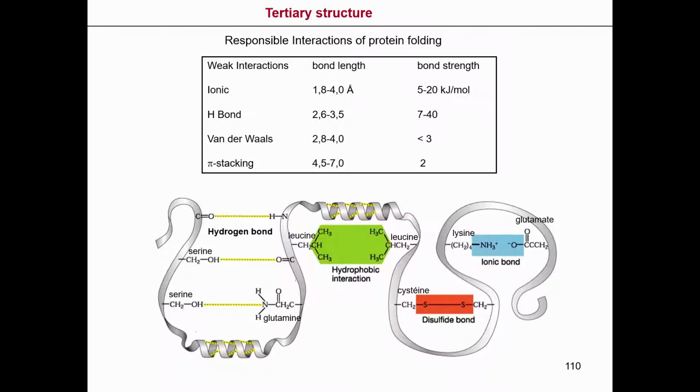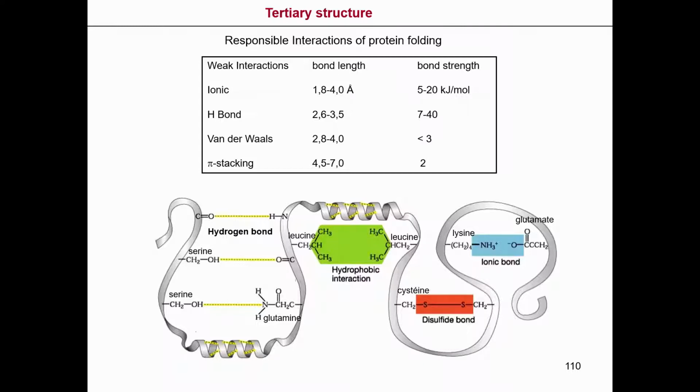Okay, so now we have the third, tertiary structure. Okay, so the third type of structure found in proteins is called tertiary protein structure.